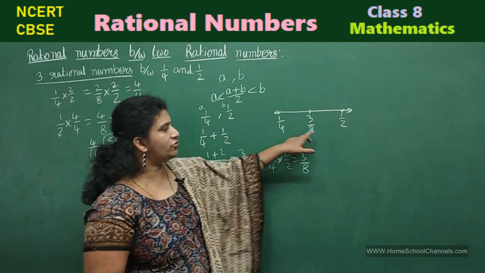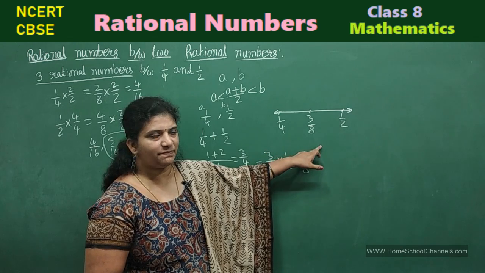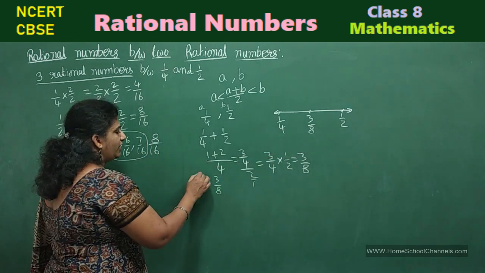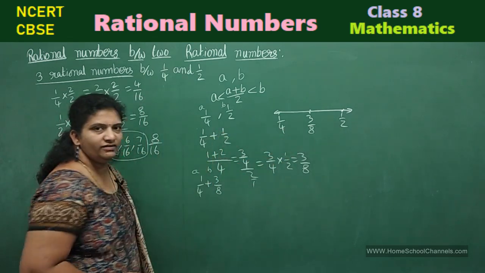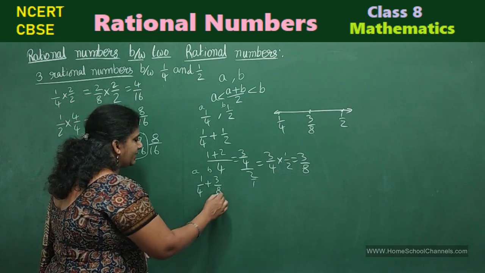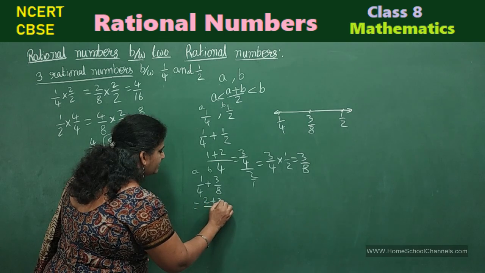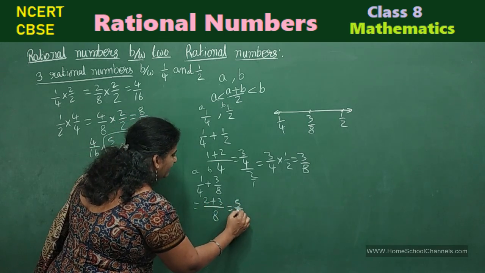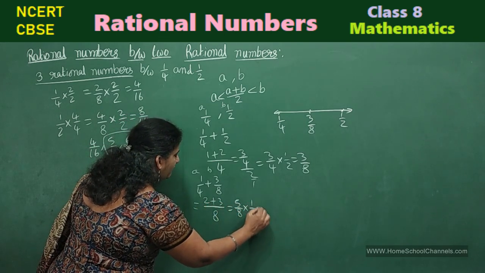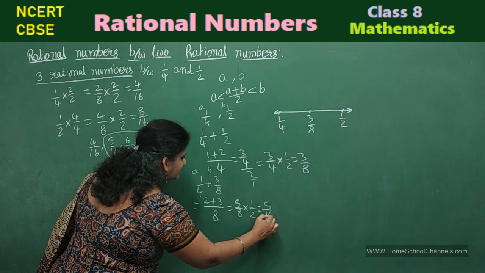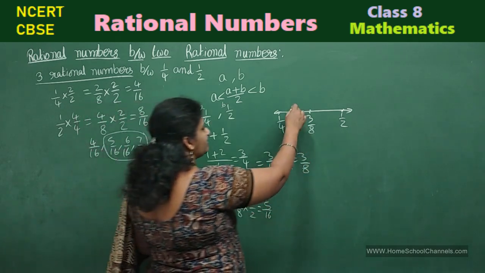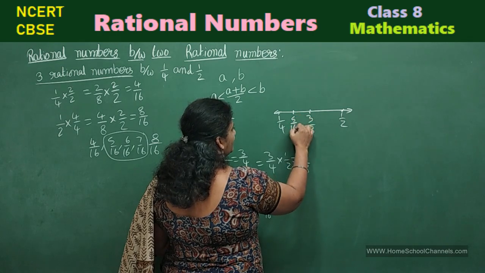For the middle, (A plus B) by 2. Now this is A and this is B. Do LCM, it will be 8, 2 plus 3, 5 by 8. 5 by 8 into 1 by 2, it will be 5 by 16.